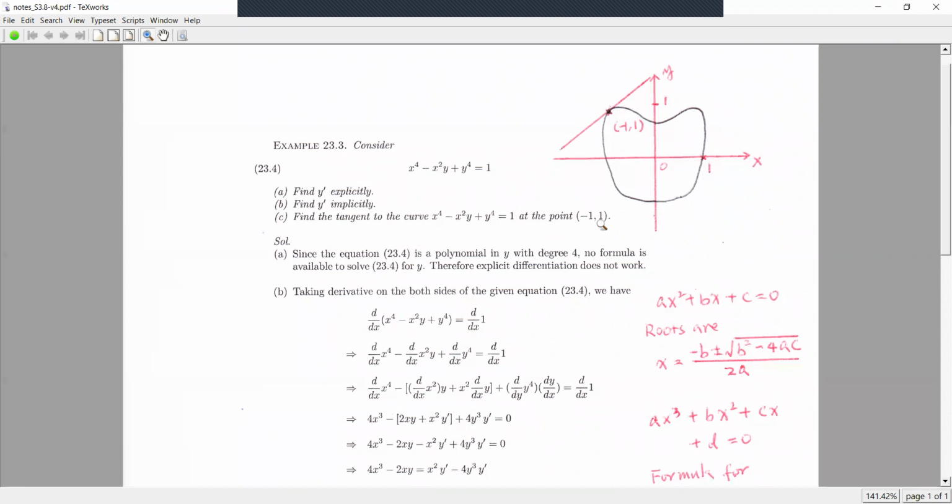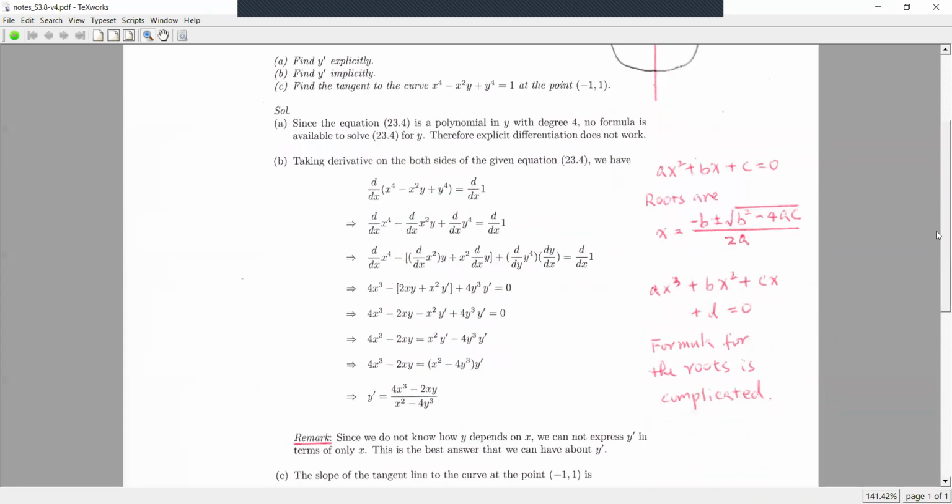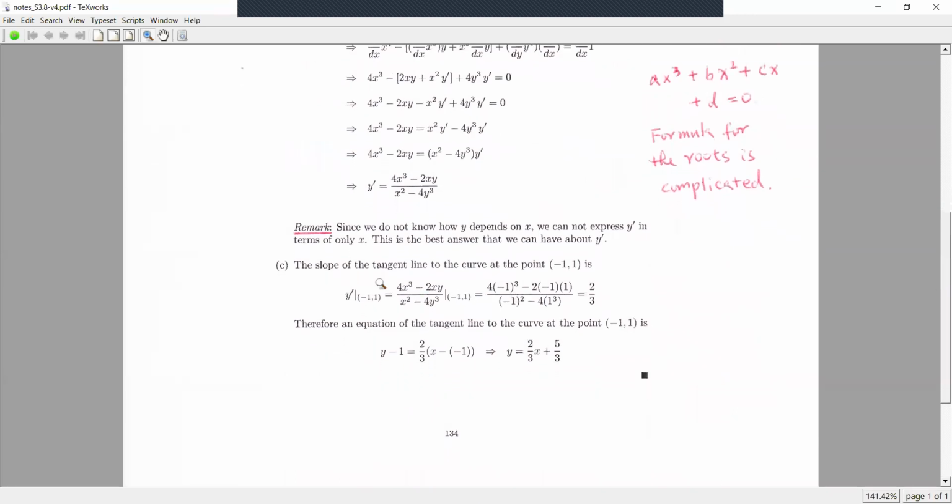Just plug in this point into the derivative, then we can get the slope of the tangent line. Plug in the point in the derivative. Then we get the slope is 2/3.